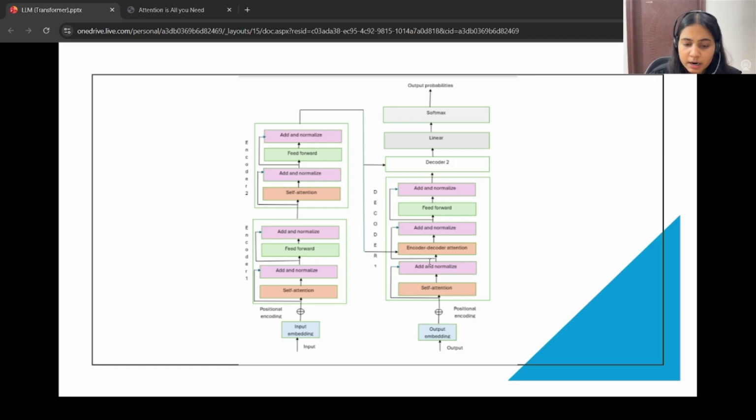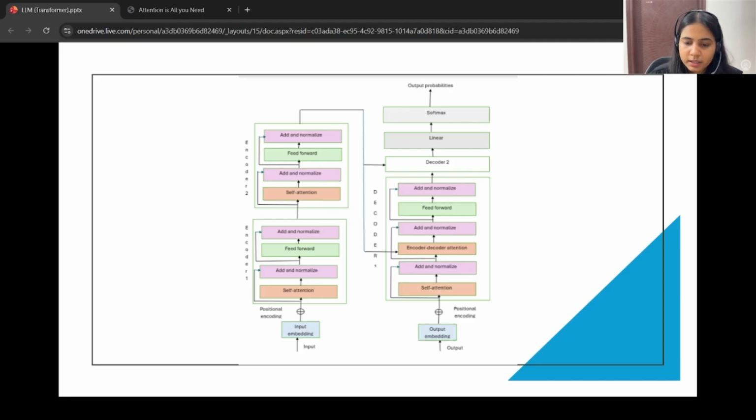So it will understand all the input sentences coming from the encoder. And as we already discussed, the add and normalize and feed forward neural network will behave the same here as well. After decoder 1 we'll have decoder 2, so whatever output is coming from decoder 1 will go to decoder 2.